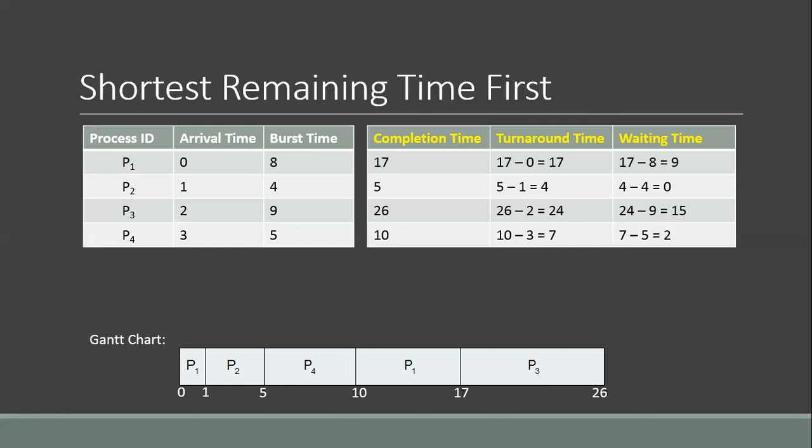And once we have computed the values for turnaround time, we can compute the waiting time for each of these processes. And how can we compute the waiting time? Waiting time can be computed by subtracting the burst time from the turnaround time.